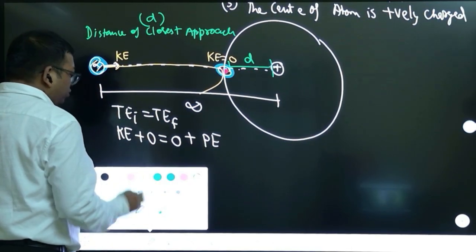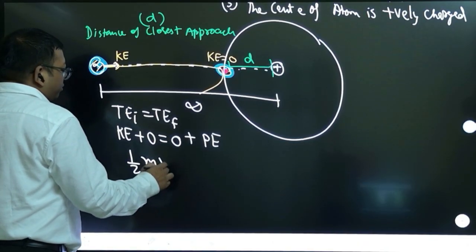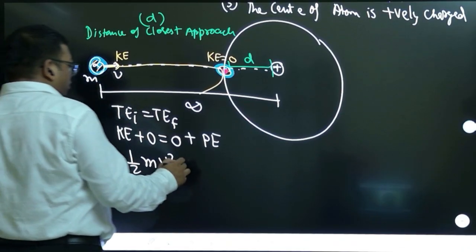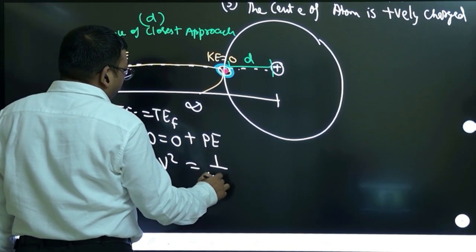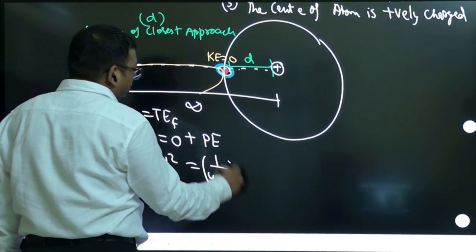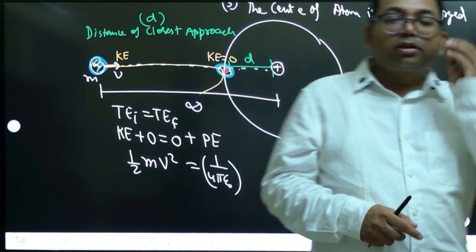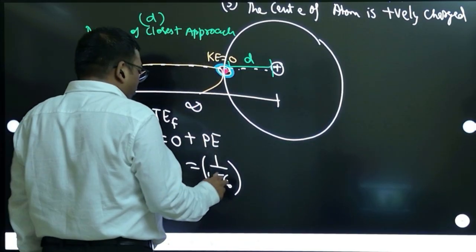So the initial kinetic energy of the alpha particle, which you can write as half m v square, is going with speed v and mass m. This is going to be equal to the potential energy. If you remember, between charged particles, potential energy is k q1 q2 by r, where k is 1 by 4 pi epsilon naught.